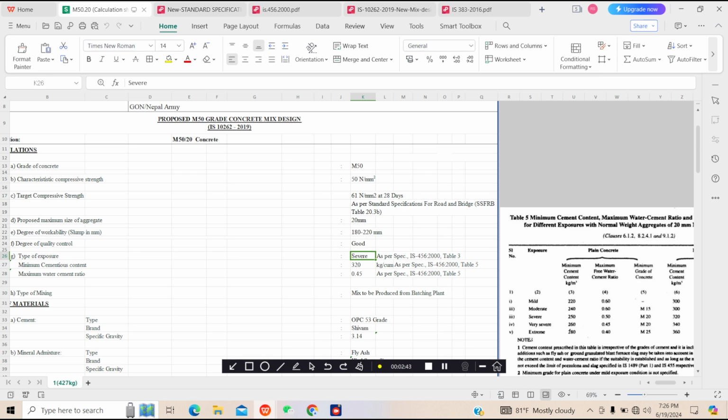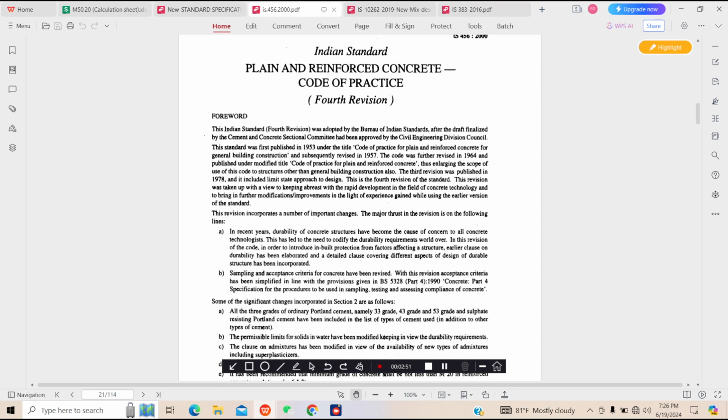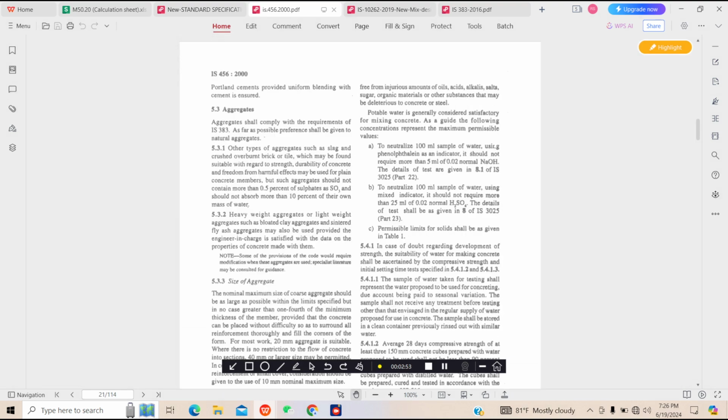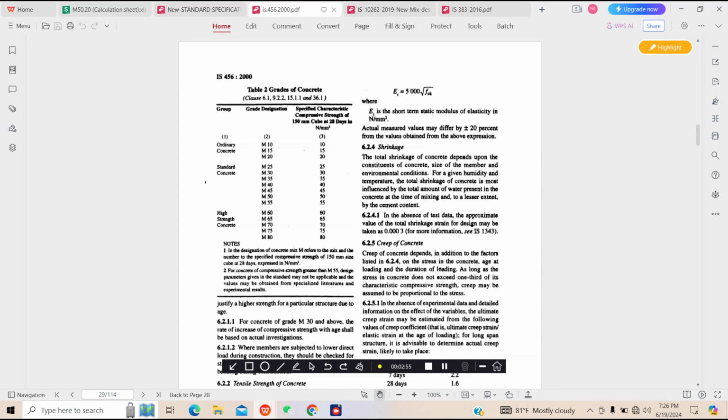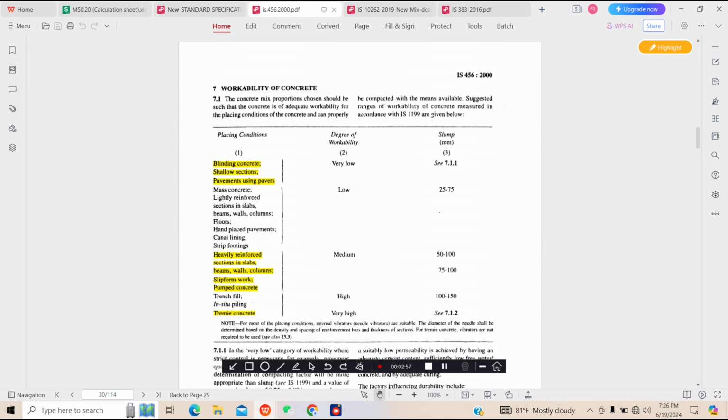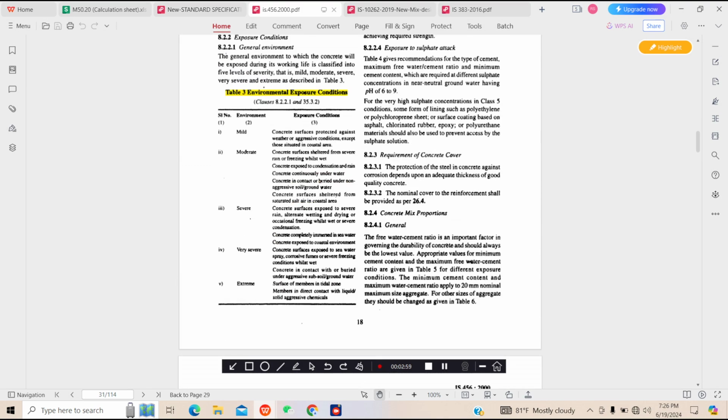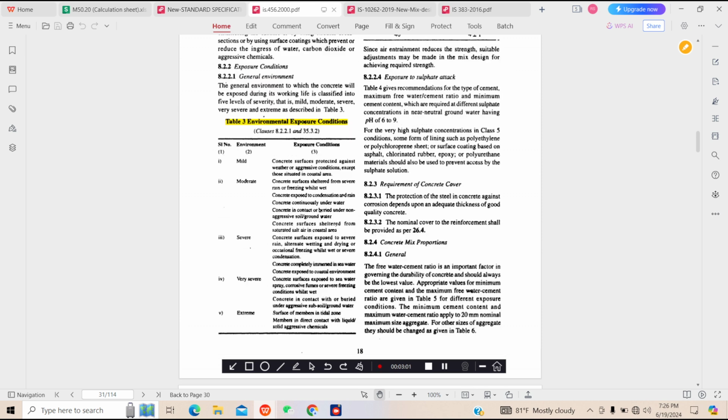So here we can see the specification IS 456:2000 table 3. Yeah, here I will show the table 3. Here we can see the table 3 for the site condition for which we are designing.